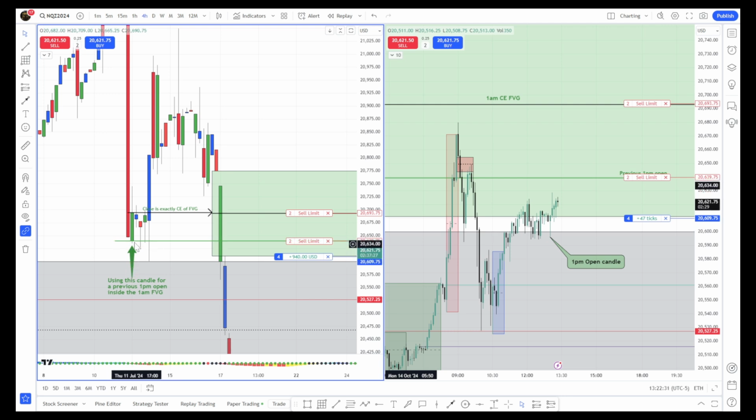This open gets ran, but we don't have any candles starting to close below it. Okay, the close of this candle happens to be the CE of this fair value gap of this light candle. Okay, 1 o'clock candles. Again, markers and reference points for the 4-hour time theory.